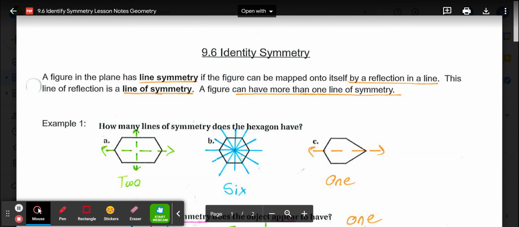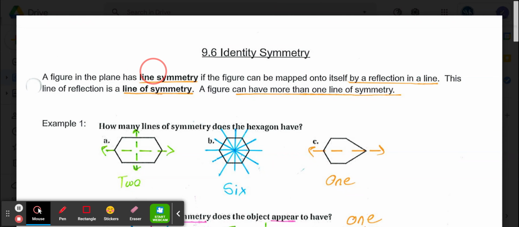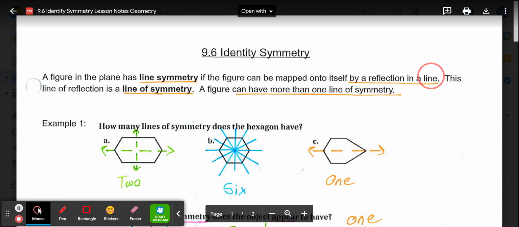Now, what we want to think about is a figure in a plane. Any two-dimensional figure can have line symmetry, because there's also something known as rotation symmetry. So we're beginning with what's known as line symmetry. A figure in a plane has line symmetry if the figure can be mapped onto itself by a reflection in a line.